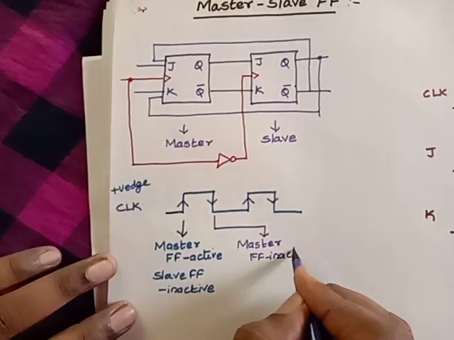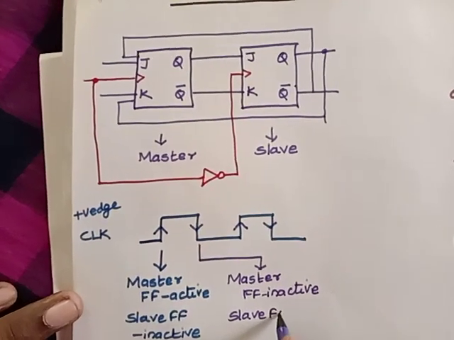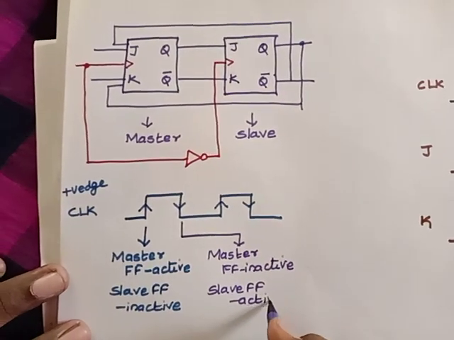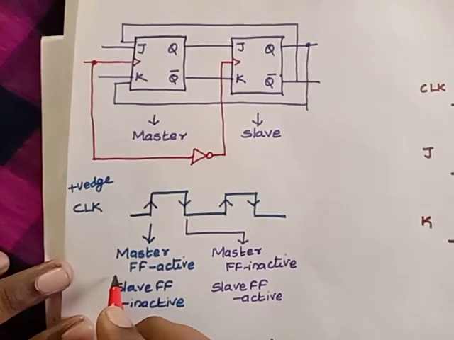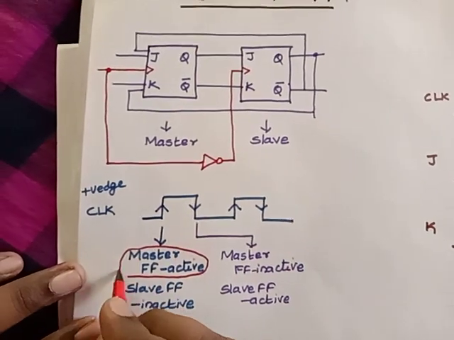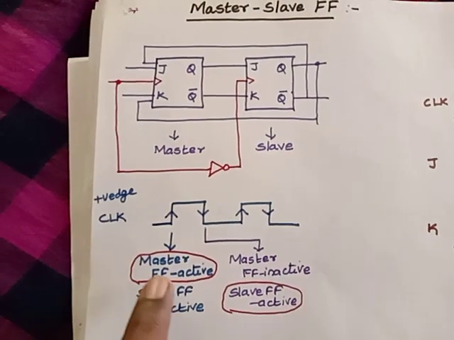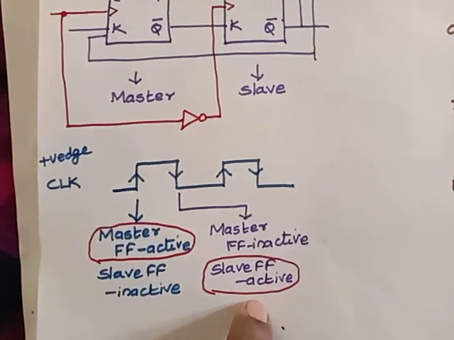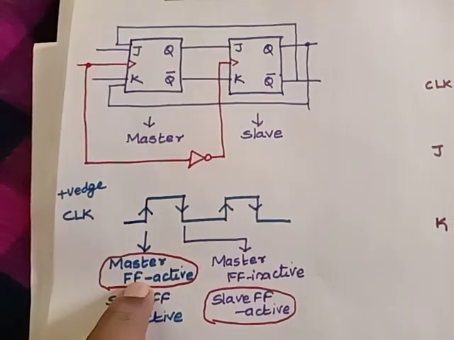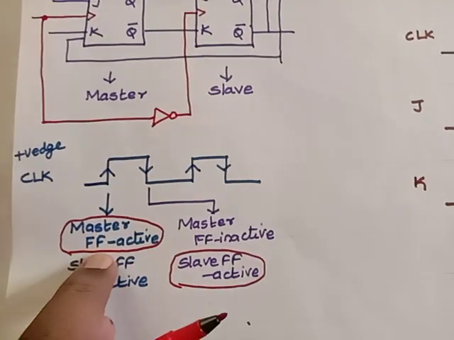That means it won't be working, but your slave flip-flop will be active. Now just see how it is activated. In the positive edge, first the master flip-flop is activated, and at negative edge, the slave flip-flop is activated. So the first flip-flop is activated first, and the second flip-flop is waiting for it. That means the slave flip-flop is waiting for your master flip-flop.